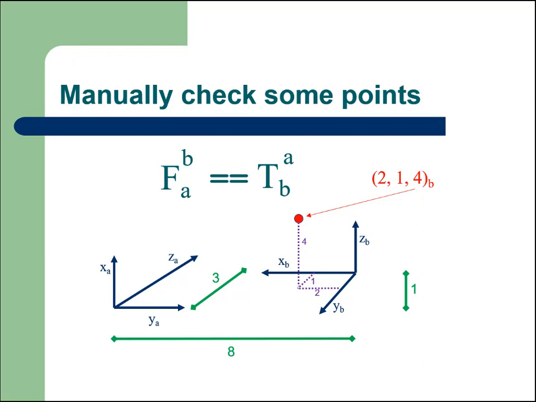This is 2 along the x-axis, 1 along the y-axis, and 4 up in B coordinates. So in A coordinates, if I just think about it, that should be up. Well, it's up the 1 and then another 4 up, right?